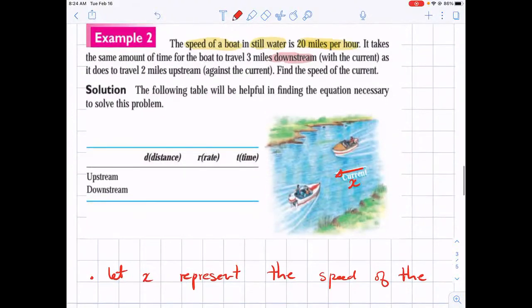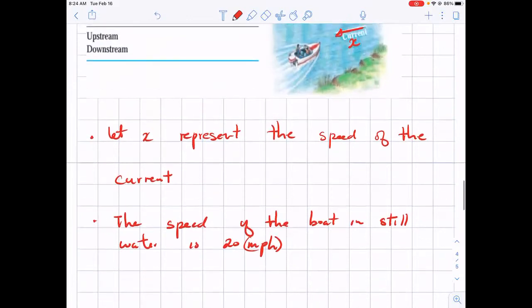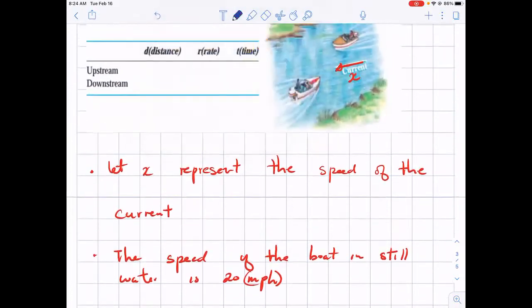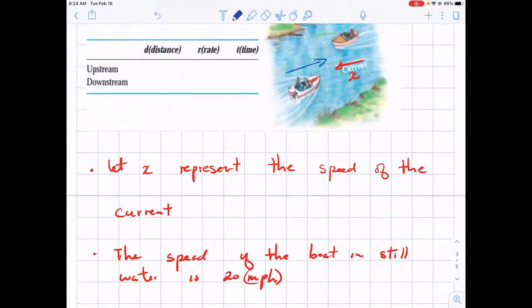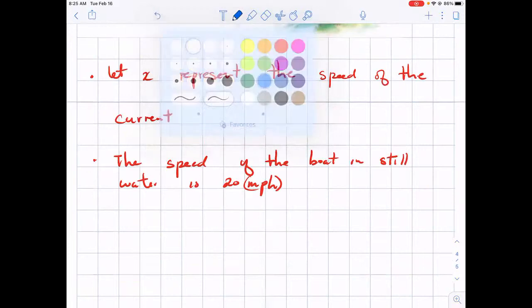If you're traveling upstream, it means you are traveling against the current. That's upstream, so you're going against the current. The speed of the current is X, and we know the speed of the boat is 20.